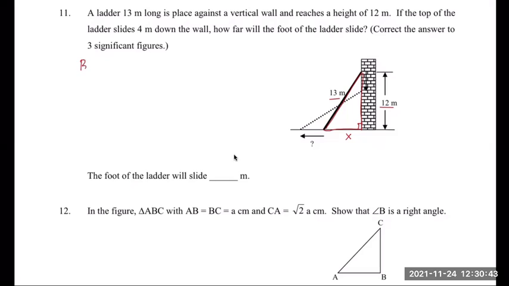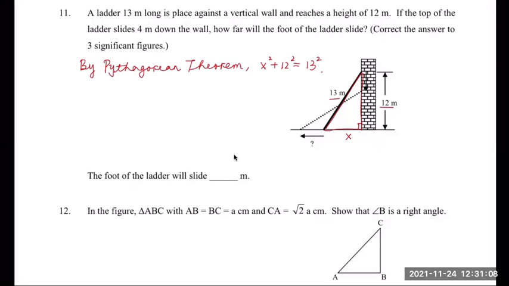So by Pythagorean theorem, x squared plus 12 squared is equal to 13 squared.